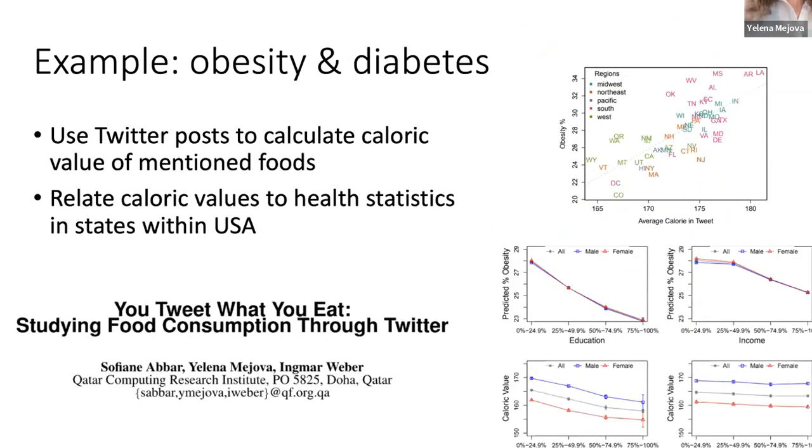And finally, there is this cute paper that we wrote some time ago that uses Twitter posts to extract, again, some caloric values and relate them to obesity and diabetes numbers in the United States.